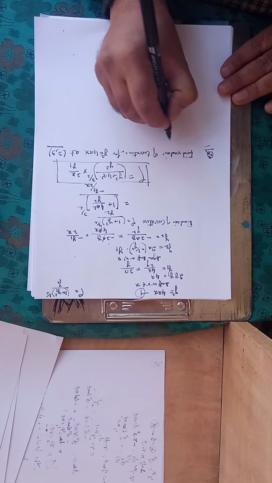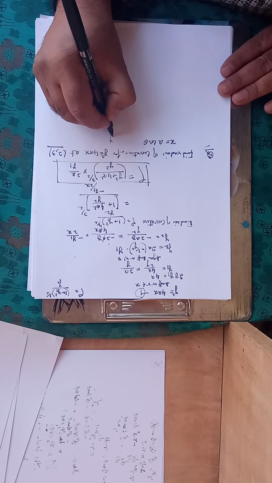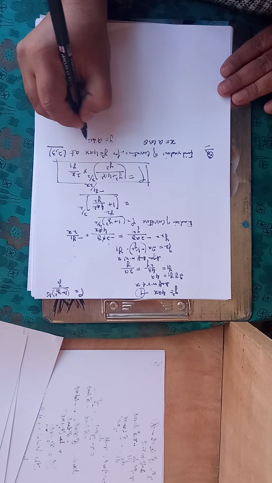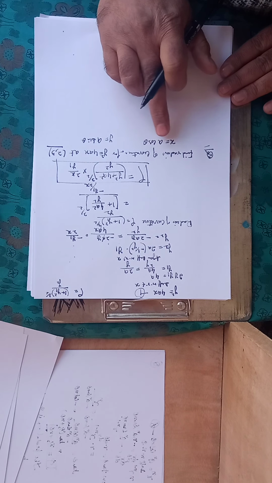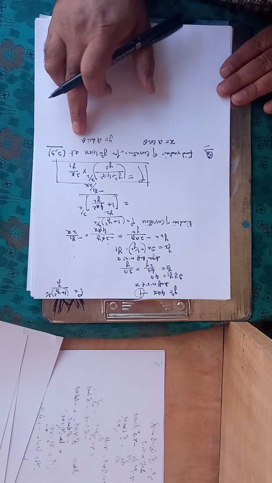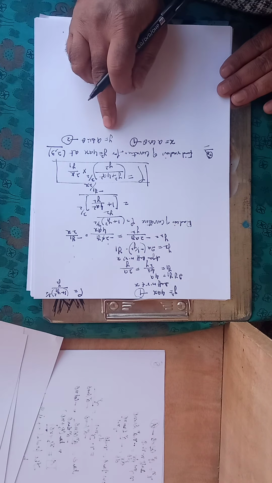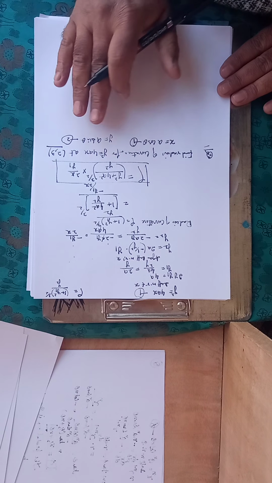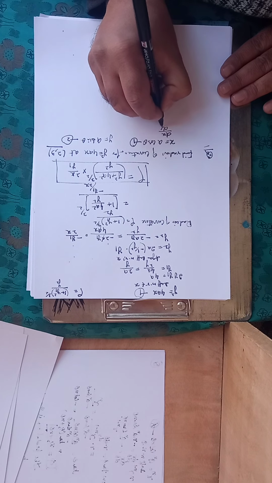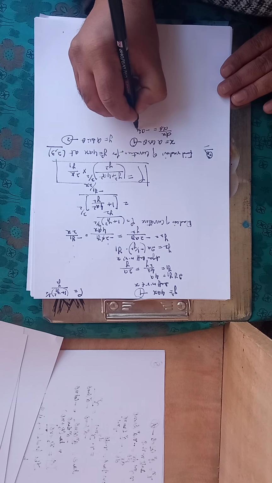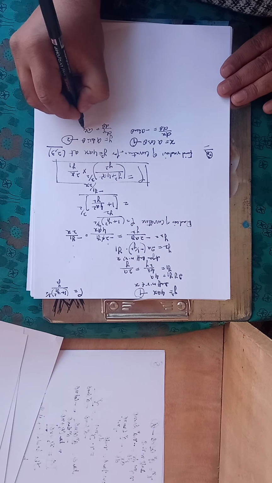Say your x is a cos theta, y is a sin theta. This is not that theta, angle between. This is, say, x is a cos t, y is a sin t. Now this is 1, this is 2. In order to find y1 and y2, let me differentiate with respect to theta. dx by d theta is minus a sin theta. dy by d theta is a cos theta.